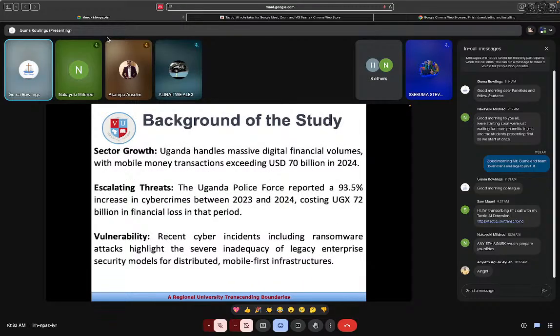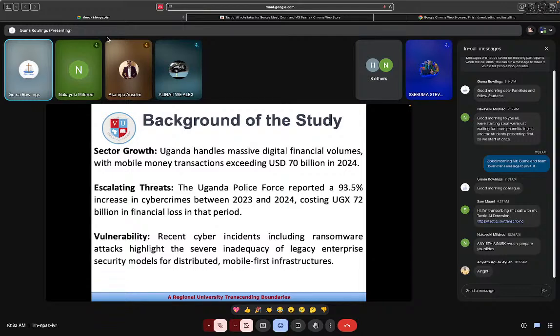So we get to the background of the study. Uganda's digital financial footprint is really, really big, and it keeps growing every other period. Consider it either month, half year, or even per annum, according to the reports.